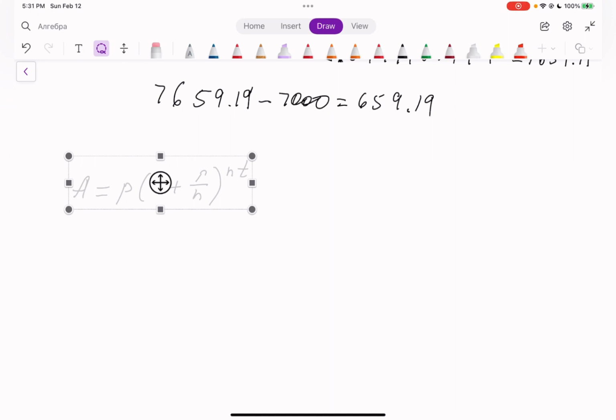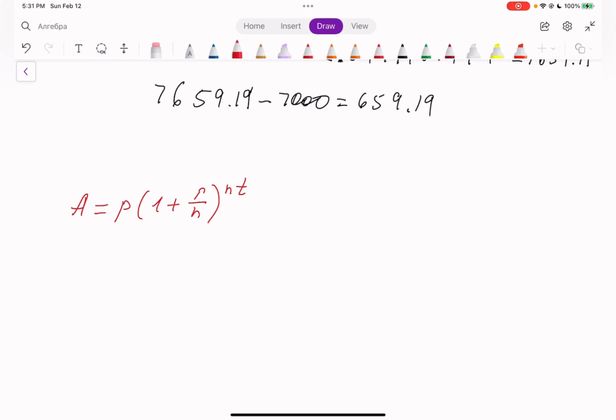We need to find this P. From the formula, P is going to be equal to the accumulated amount divided by 1 plus R over N, to the power NT. Okay, let's go.